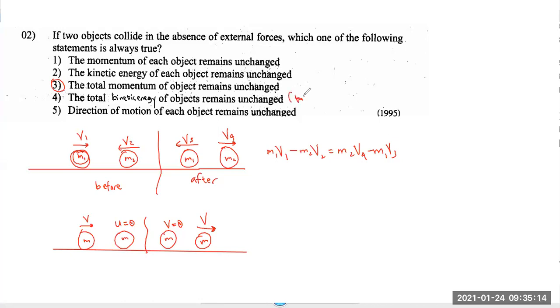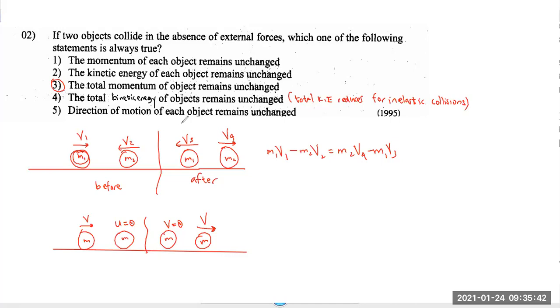Total kinetic energy reduces for inelastic collisions. Inelastic means there is an energy loss. Elastic means there is no energy loss. So that's why we will consider the fourth one incorrect.